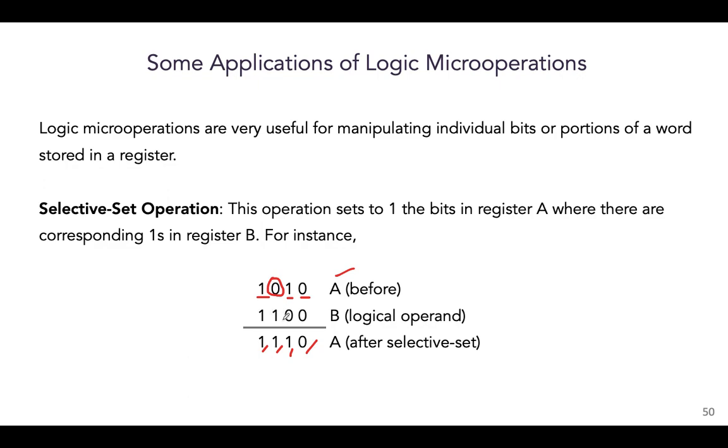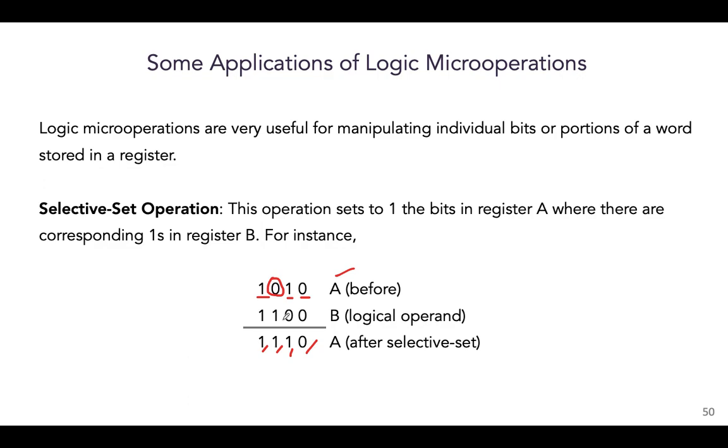So whenever you want to specifically change certain bits, you can selectively set them using a register whose bits are also 1 in those corresponding locations. It doesn't matter what the bits of A are, if there is a 1 in the other register in that corresponding location, the bit of A will be turned into 1.